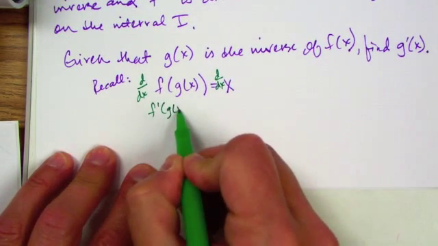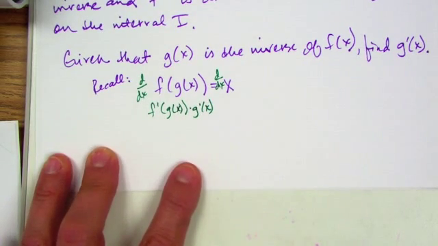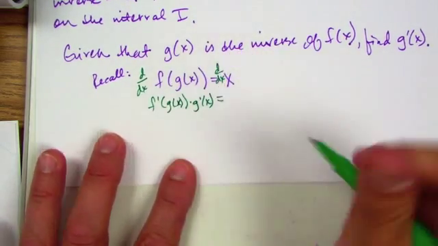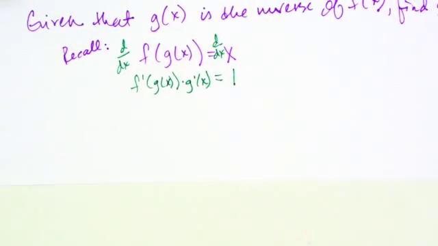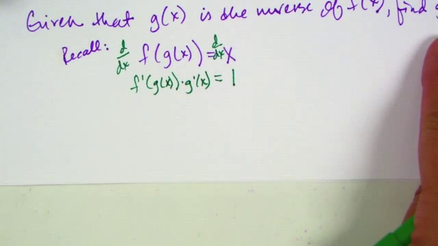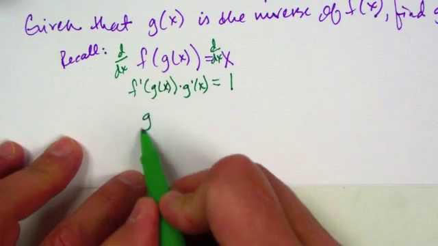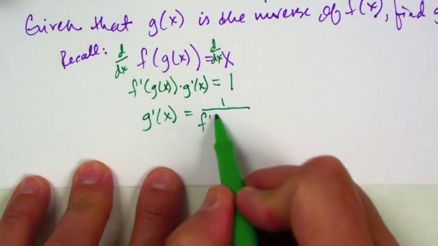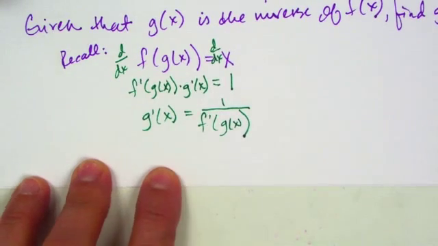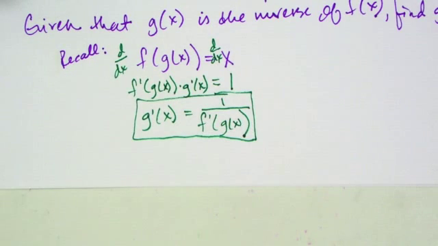F prime of g of x times g prime of x. And what's the derivative of the right side? 1. What am I interested in? G prime of x. What can I do? I can solve for it, right? So g prime of x is equal to 1 over f prime of g of x. This is a definition that you have to know for derivative of the inverse.